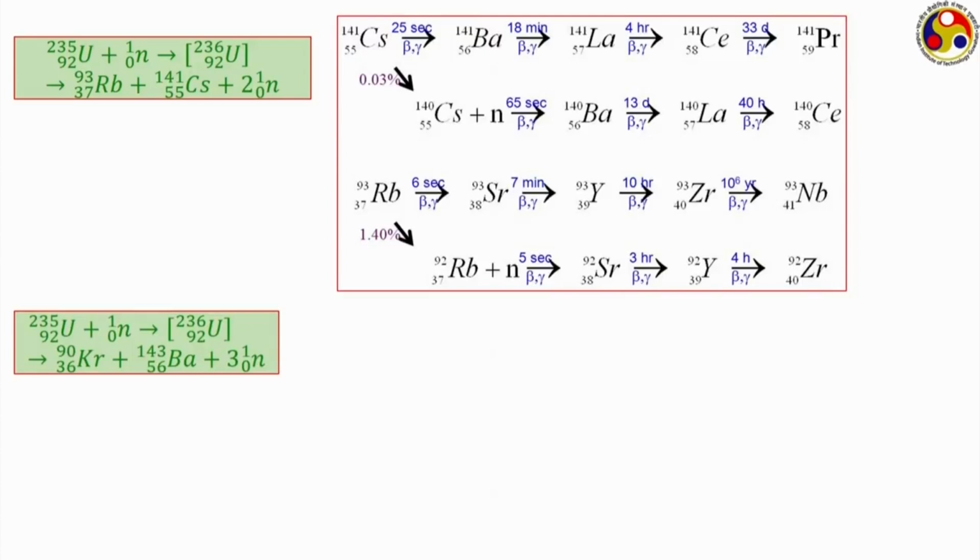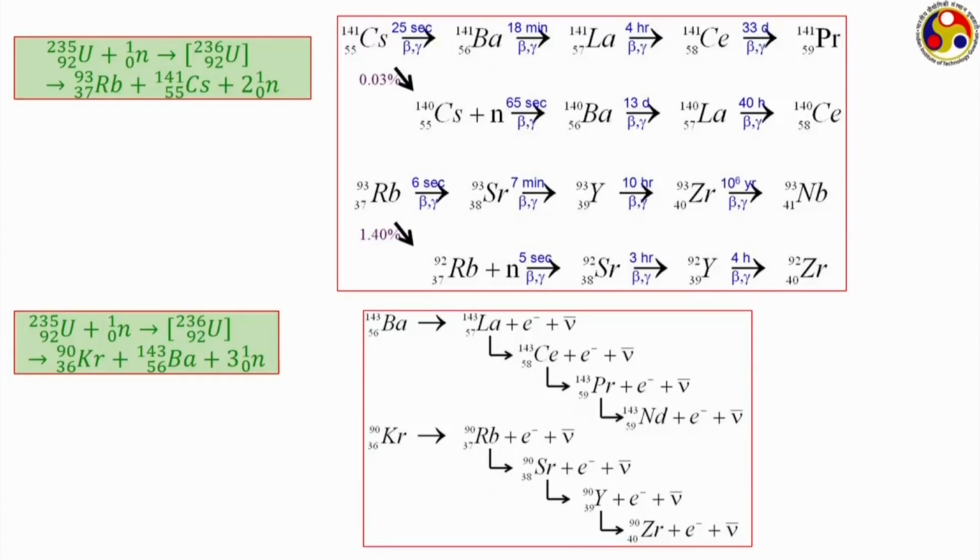Another example of uranium fission leads to the formation of krypton-90 and barium-143, both of them radioactive. Again you can see that it is going through 4 steps of beta decay. In all steps it is producing electrons and antineutrinos and possibly also gamma emission. Similarly, krypton is also undergoing 4 steps of beta decay to finally produce Zr-90.